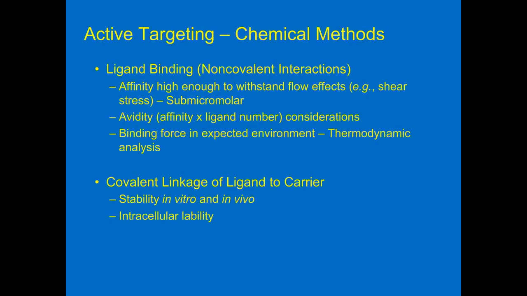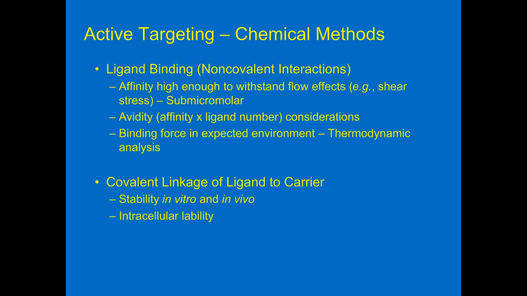And then in terms of the actual covalent linkage of the ligand to the nanoparticle, stability issues are primary. We're talking about storage and then in vivo stability. And this can be complex because, for instance, in cancer applications, a lot of times you want the bond to be stable in the circulation, but then once it's incorporated into a cell, you might want the bond to be broken to liberate the actual therapeutic agent, so that it can have maximal activity within the cancer cell.